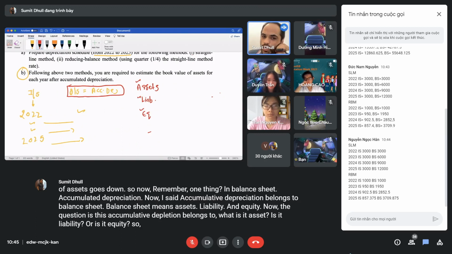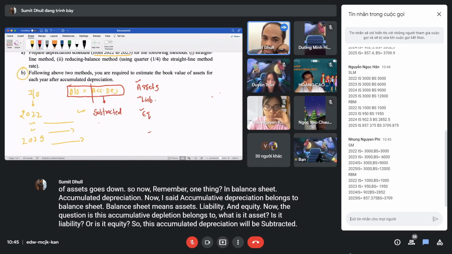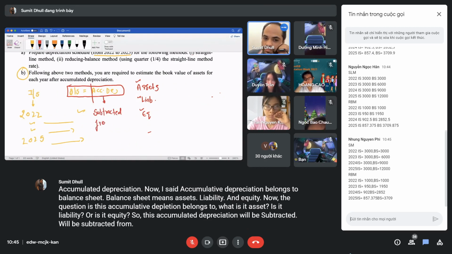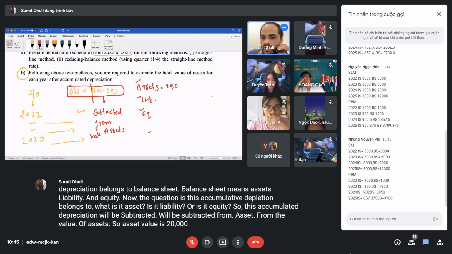So this accumulated depreciation will be subtracted from the value of asset. Asset value is 20,000, right?